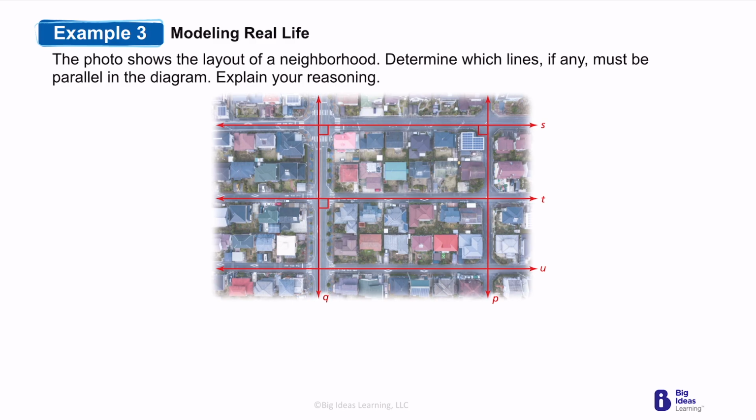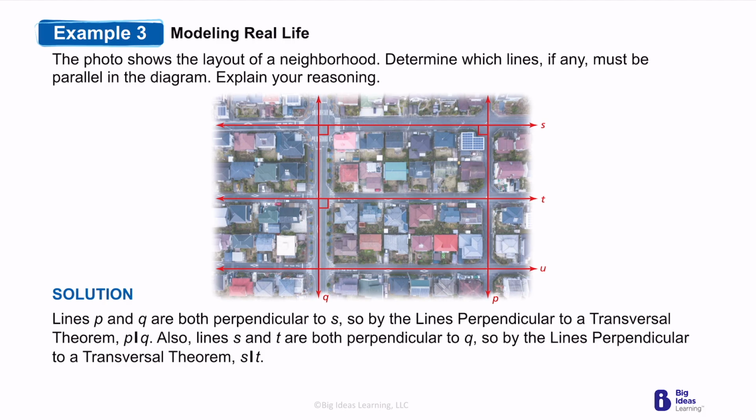So we have to determine here which lines, if any, must be parallel. So since P and Q, which are right here, since they're perpendicular to line S, which is right here, that means that P and Q must be parallel.